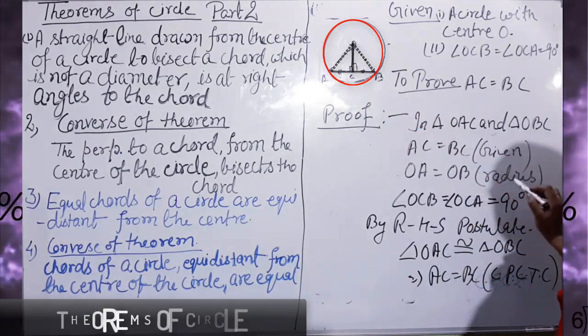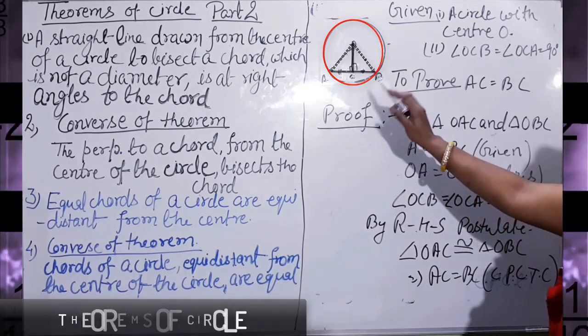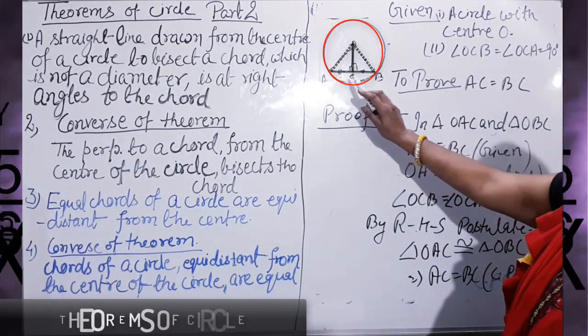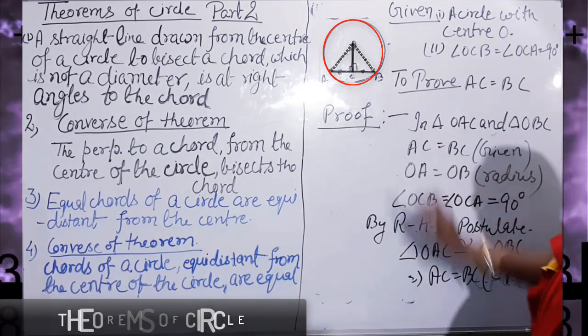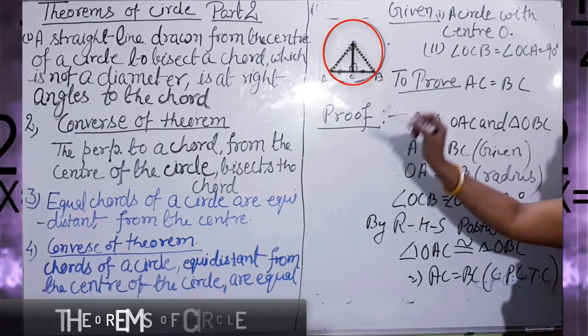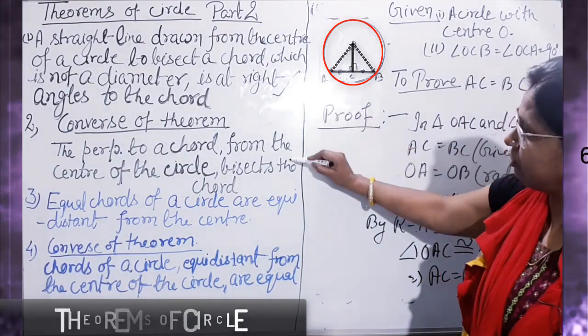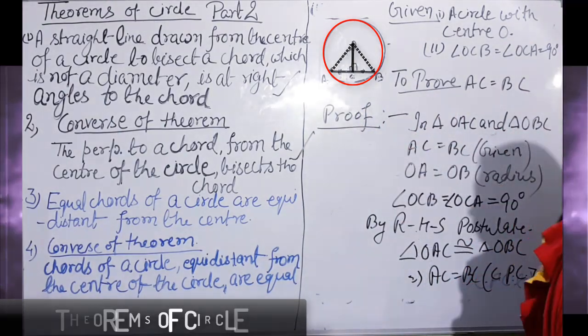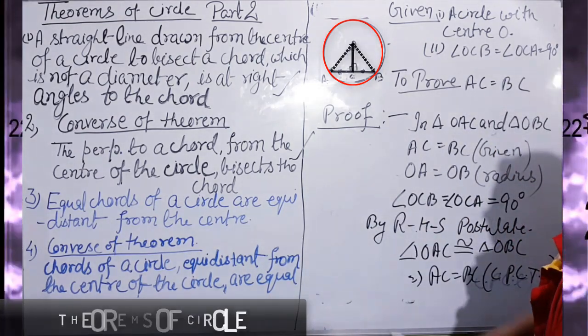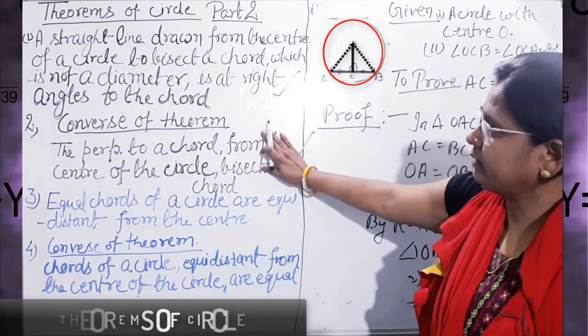So by the RHS postulate both triangles are congruent, and that's why AC is equal to BC. It was to prove. Both the direct theorem and its converse are proved. Next, I am going to prove the second theorem.